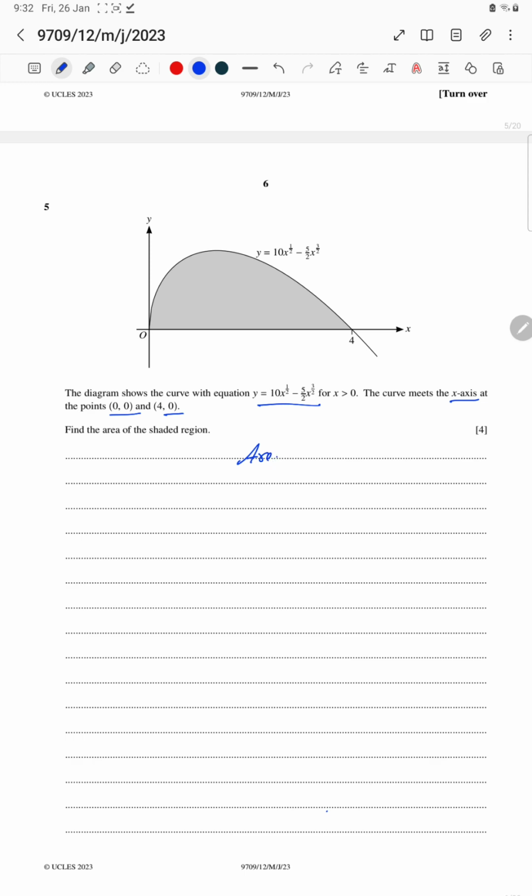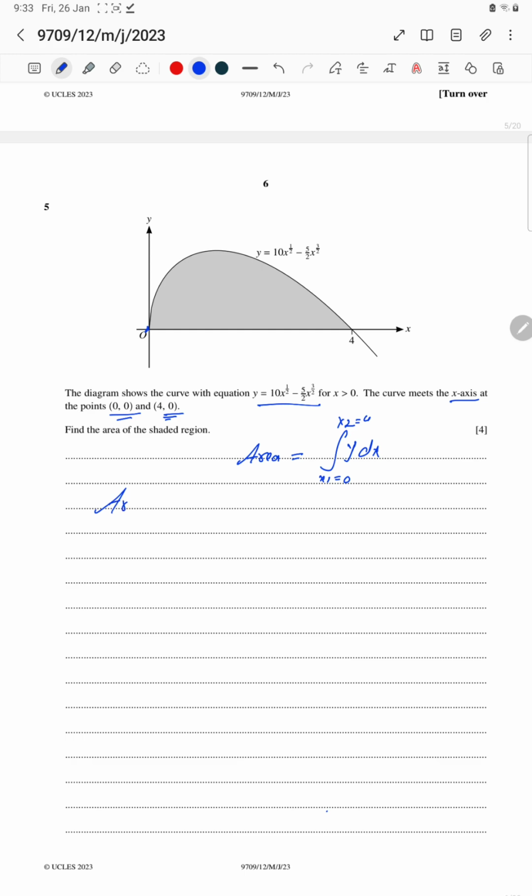The area of the shaded region along the x-axis is the integral of y dx, from x1 to x2. From the figure we have 0 and 4, so x1 will be 0 and x2 will be 4.